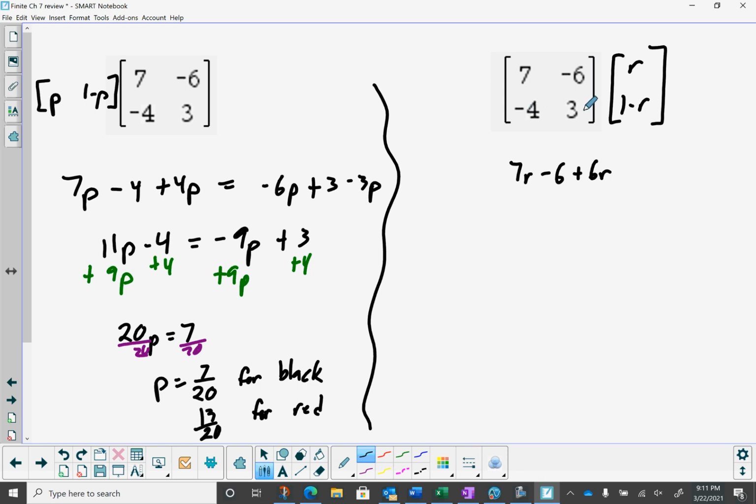And then I take this second row times the column. So that's negative 4 times R is negative 4R. 3 times 1 is 3. 3 times negative R is negative 3R. But again, we're going to just go ahead and set those two expressions equal to one another.